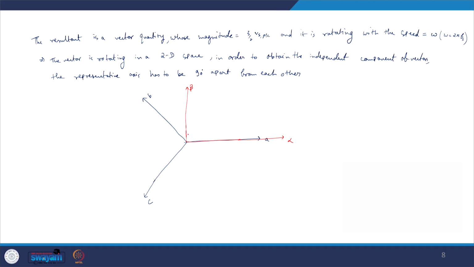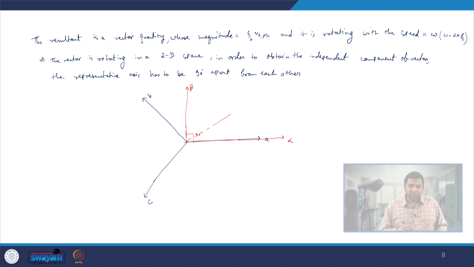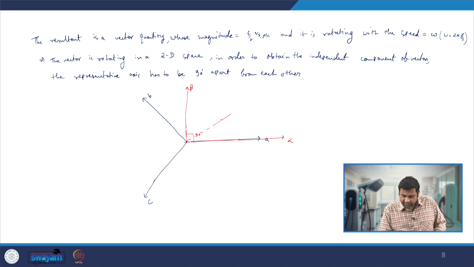When we ensure that these two axes are 90° from each other, then any resultant vector can be represented. Since we have understood that the Vs vector is rotating in space with the same speed as omega, we define this as the Vs vector, and since it is rotating in space, we call it a space vector.